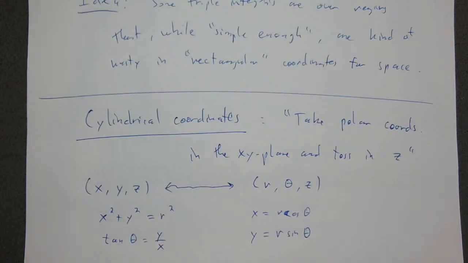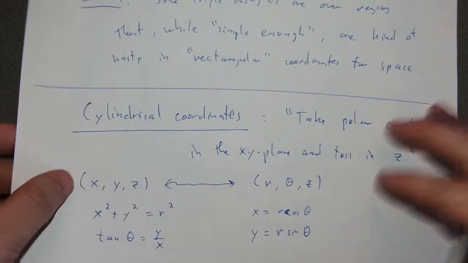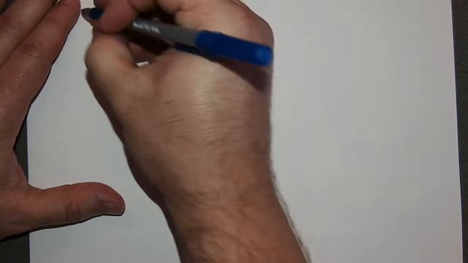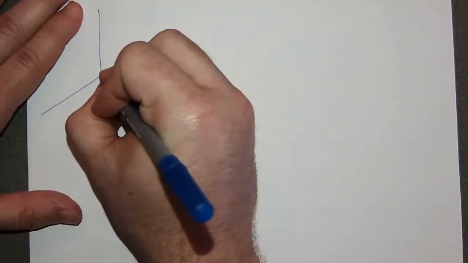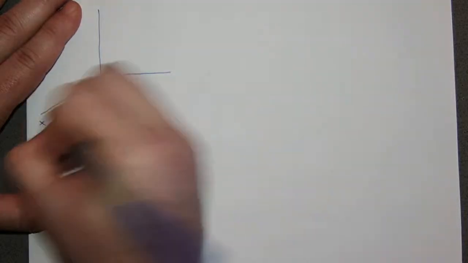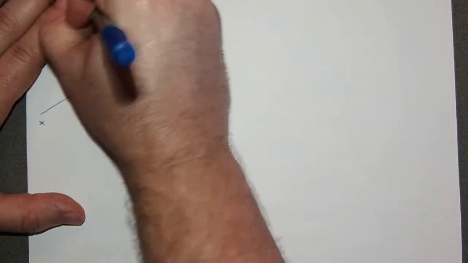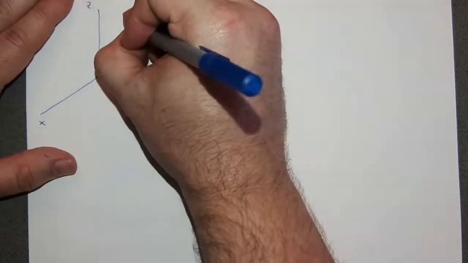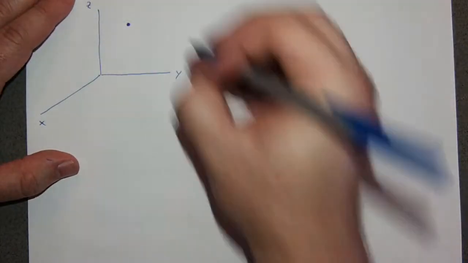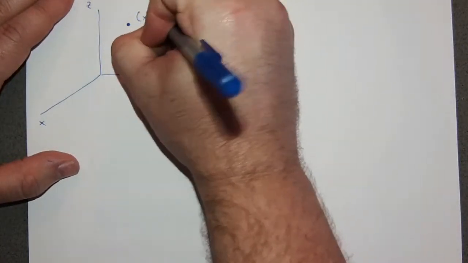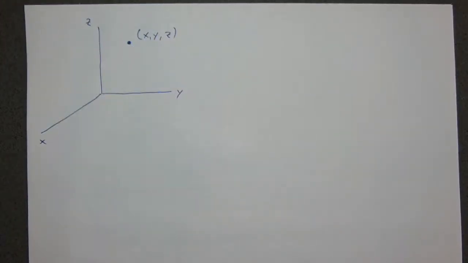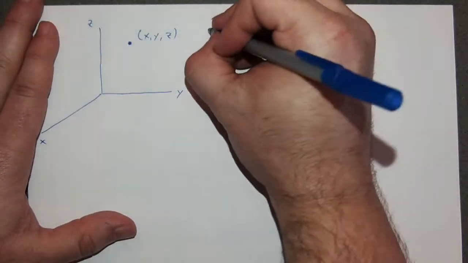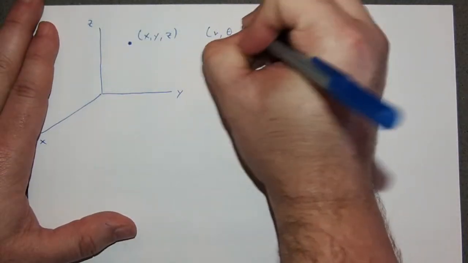What does this actually look like? So how to describe cylindrical coordinates. Here's x, here's y, here's z. Let's take a generic point, x, y, z. I want to see how this point is actually the same as the point r, theta, z.